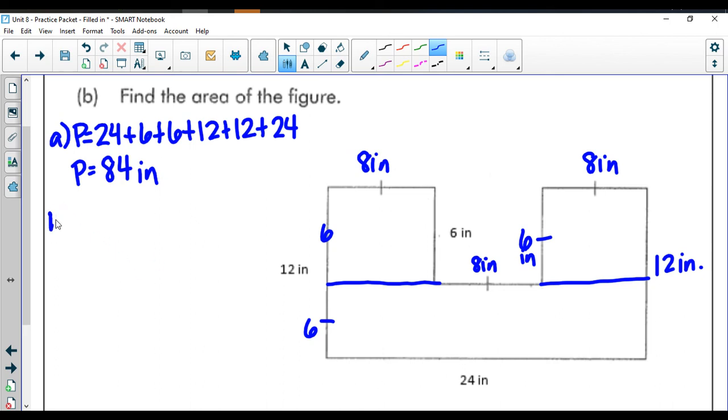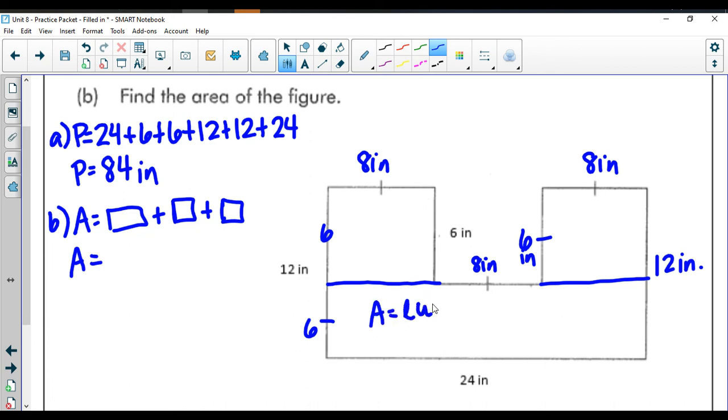And for part B, I want to find my area. So I'm going to do the long rectangle across the bottom plus the chunkier squares across the top. So on the bottom, this is length times width, 6 times 24, which will give me 144. This is length times width, which will be 8 times 6, which will be 48.